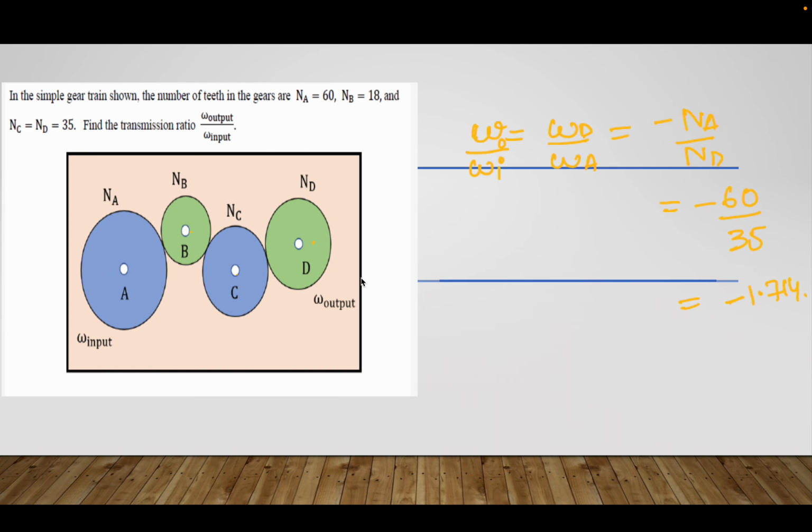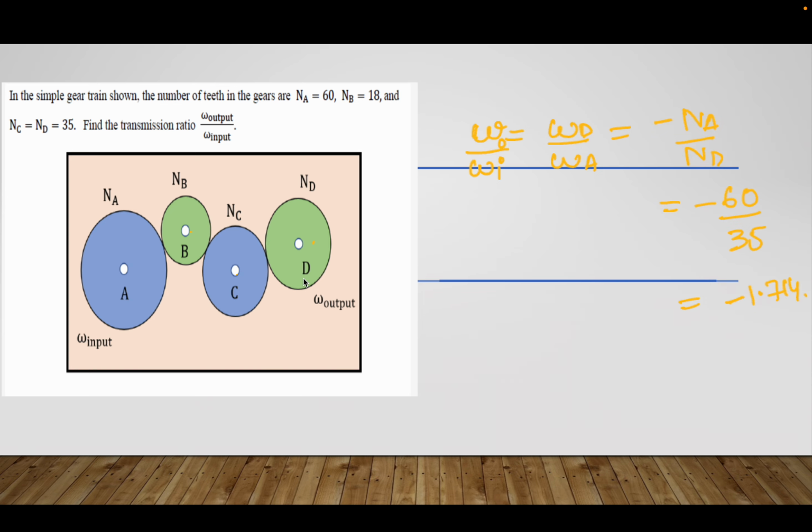Here the number of teeth in gear A is equal to 60, the number of teeth in gear B is 18, and here we have 35 and 35.